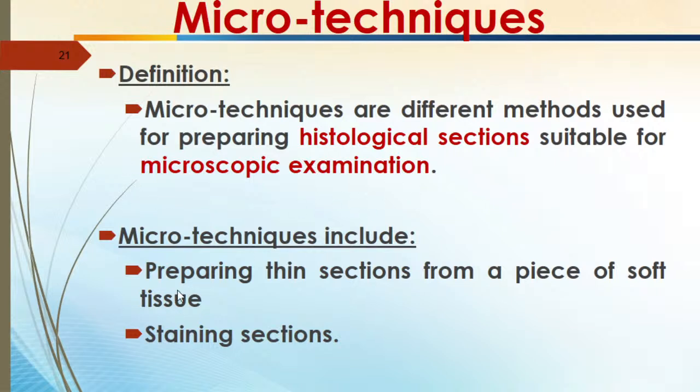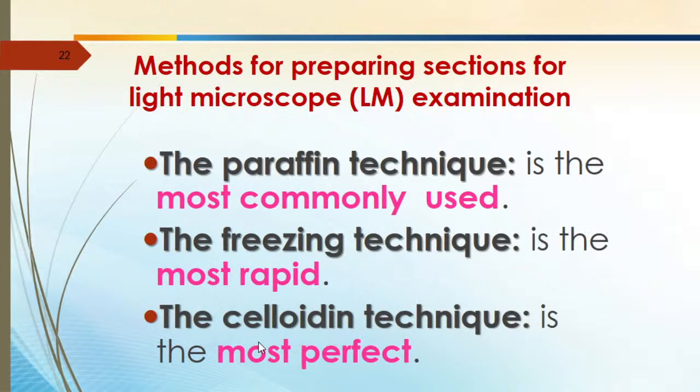Microtechniques include preparing thin sections from a piece of soft tissue, and after that, staining the sections. First of all, we have different methods, for example, the paraffin technique. It is the most commonly used, not only in our department but all over the world, a classical routine technique.